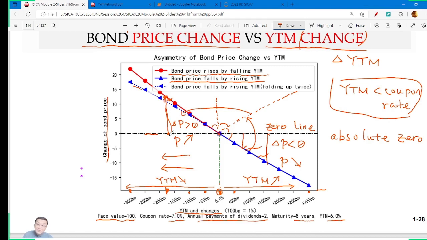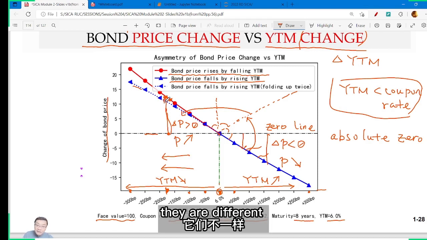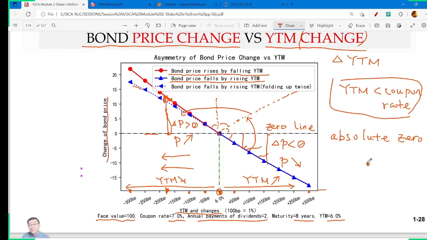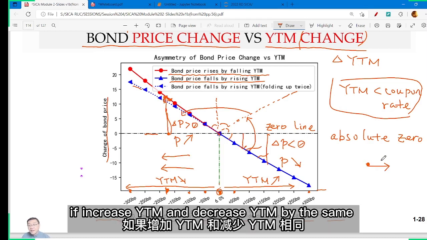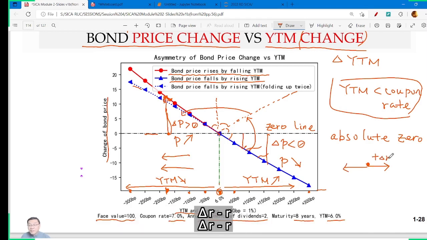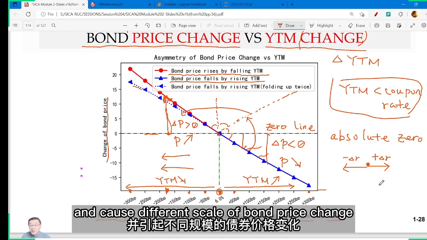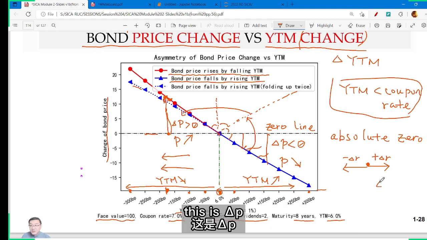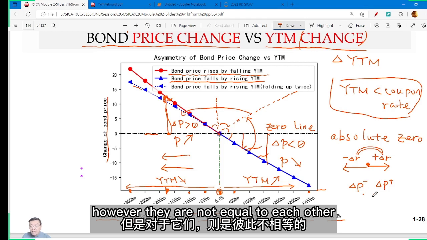We find that they are different. That means if we increase YTM and decrease YTM by the same amount, for example, delta r and minus delta r, they cause different scales of bond price change. This is delta P plus, this is delta P minus. One might expect them to be equal to each other. However, they are not equal to each other.